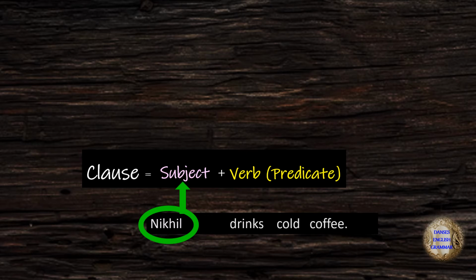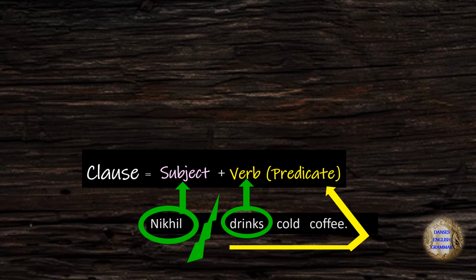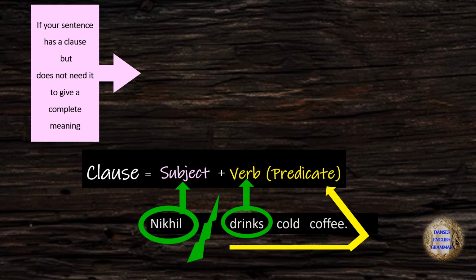Here, Nikhil is the subject, drinks is the verb, and drinks cold coffee is the predicate. So a part of the sentence which has a subject and a predicate and gives a complete meaning is a clause. Now let's look into the that and which difference further.